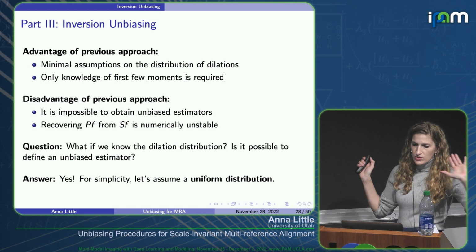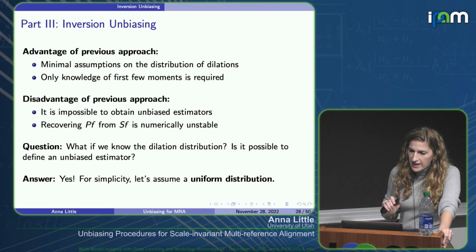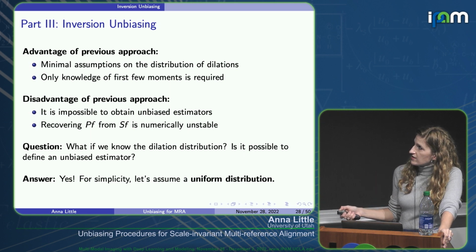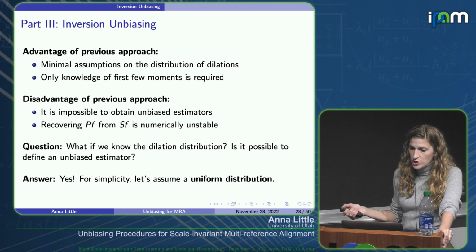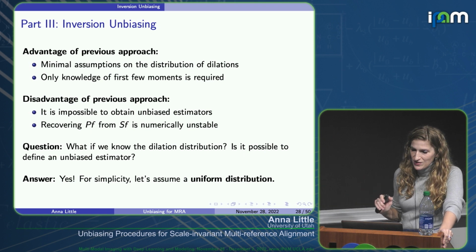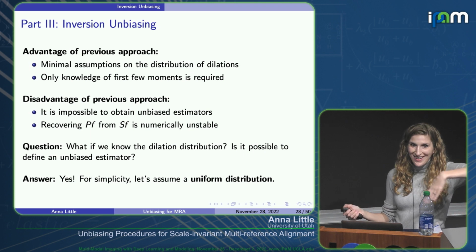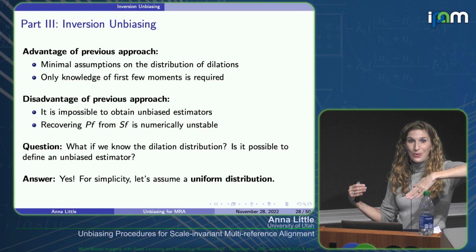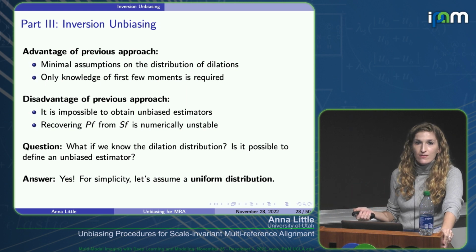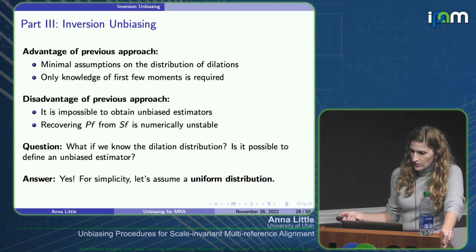Okay, so there's pros and cons, like for everything. The advantage of the previous approach is we made minimal assumptions on this distribution of dilations, and we only needed to know the first few moments of that distribution. The disadvantage, which we saw very clearly in that plot, is the plateau, right? After a certain point, we're going to be stuck with some bias that we just can't decrease, even if we keep observing more and more signals.